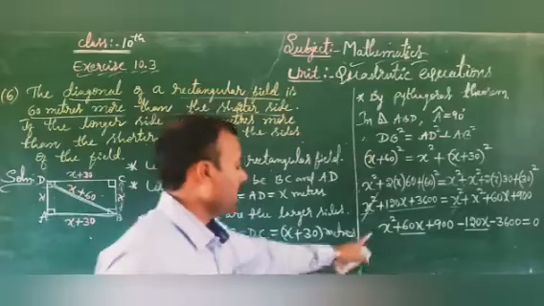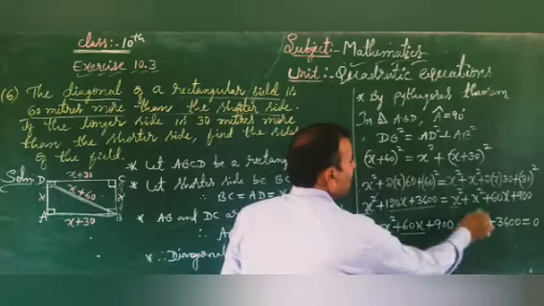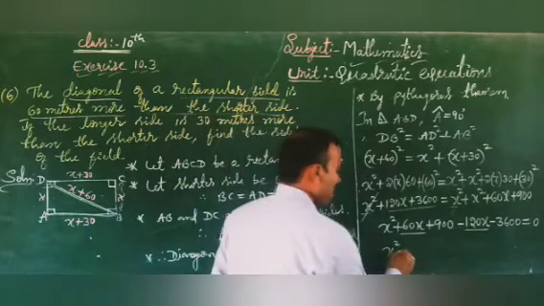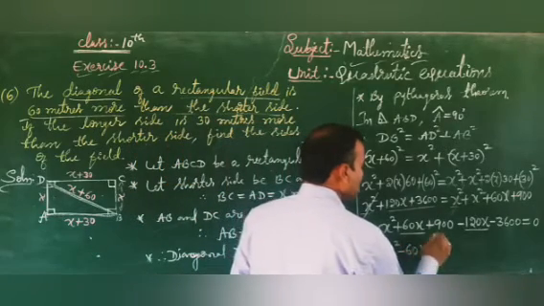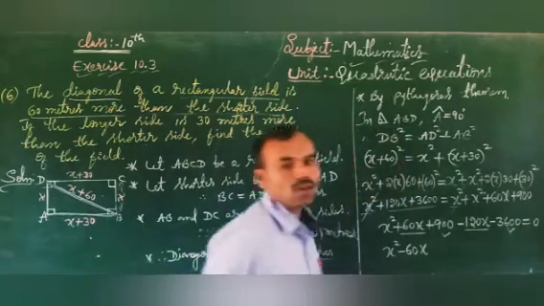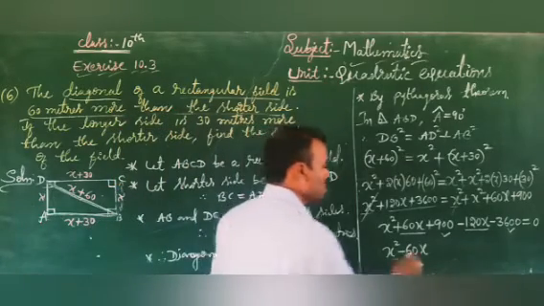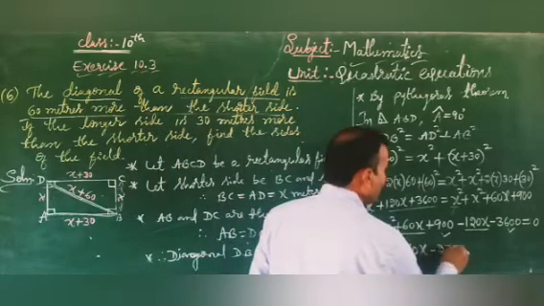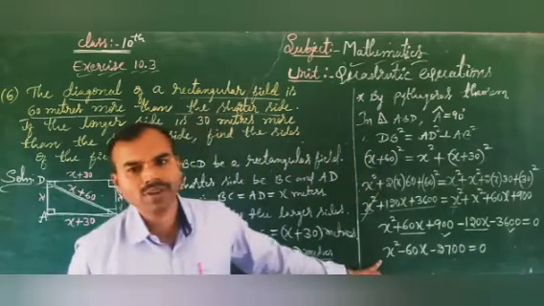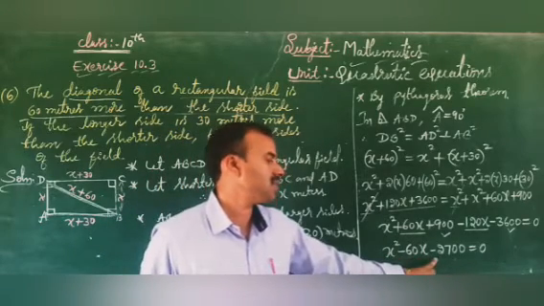Here x square plus 60x minus 120x, the bigger term has minus, so write minus 60x, plus 900 minus 3600. Subtracting, it becomes minus 2700 equals 0. We get a quadratic equation: x square minus 60x minus 2700.